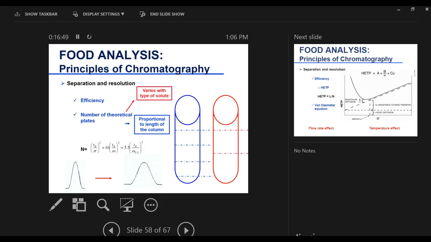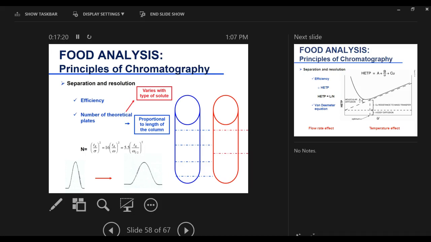and I'm trying to separate a particular component X, and I want to see the efficiency of the column that leads to a chromatogram with a very nice sharp peak as such. I don't want a peak that looks like this. I don't want that.